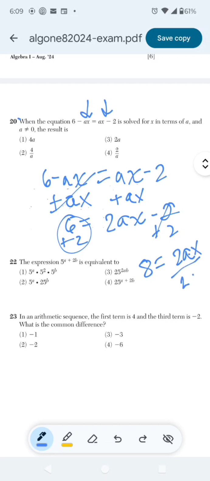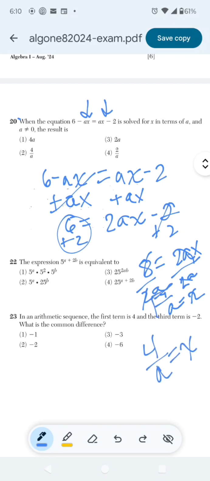All these things are being multiplied, which means I'm going to divide both sides by 2a. This goes away, and then x is equal to, the a does not go away at the denominator, but these two numbers reduce down, okay? So that's going to be 4 at the top and an a at the bottom. So 4 over a is equal to x, which is answer choice number 2.